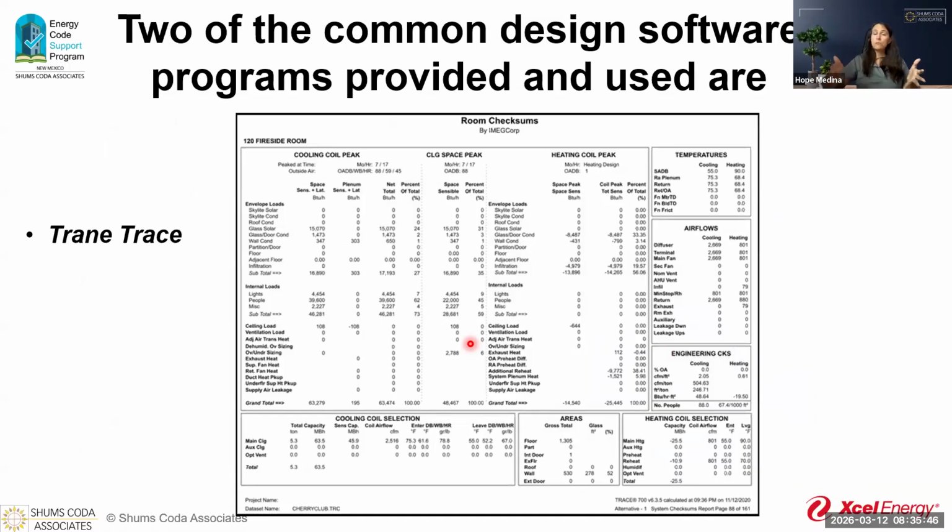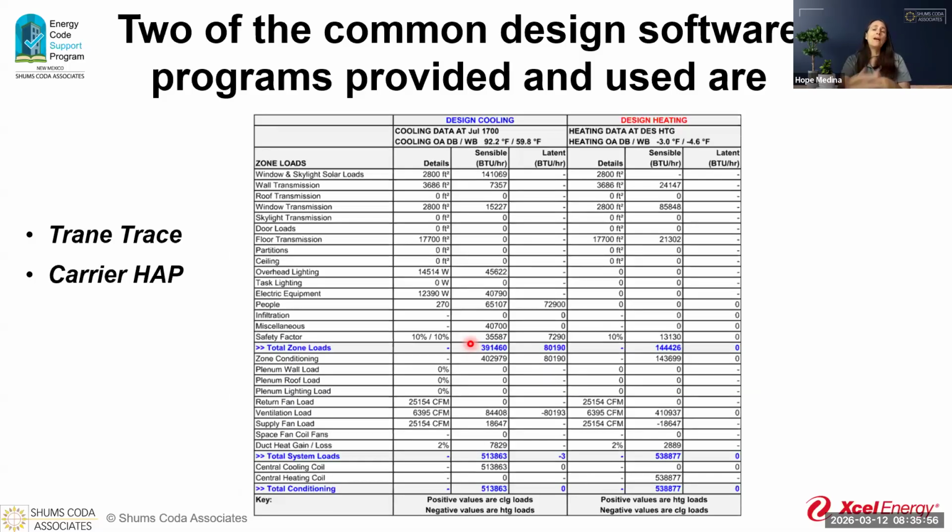You have Trane Trace, which is the example you see on the screen. If you go to the website and download it, we have an example of Trane Trace. We also have an example of Carrier HAP. I would say these are probably the 2 most commonly utilized software that I get these reports for.